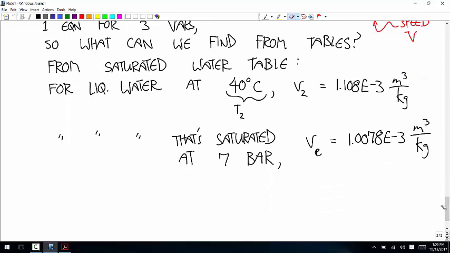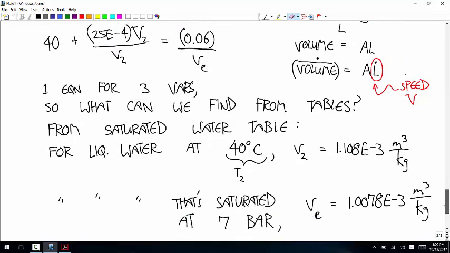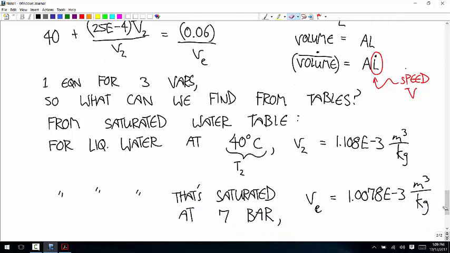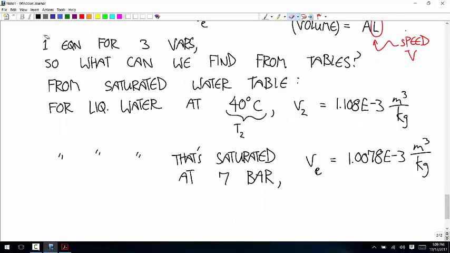Okay, so now we can take this stuff, put it back into this equation that says 40 plus 25 times 10 to the minus fourth times the speed at inlet 2 divided by 1.0078 times 10 to the minus third is... No, but the number's wrong.